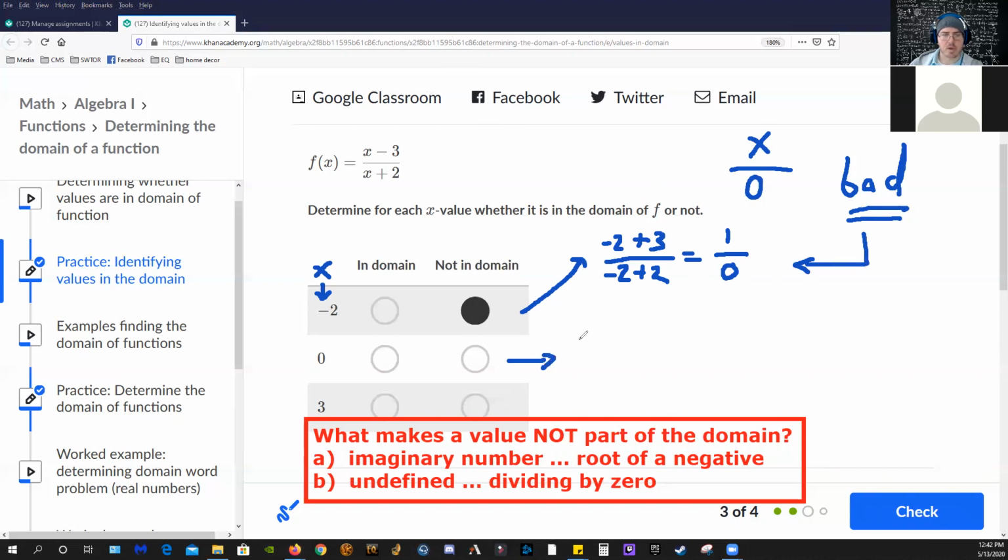Okay, so this one would be 0 minus 3 over 0 plus 2. So just -3/2, which is fine. Yeah, no one cares about fractions. It's all good.